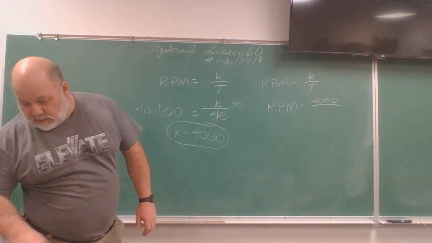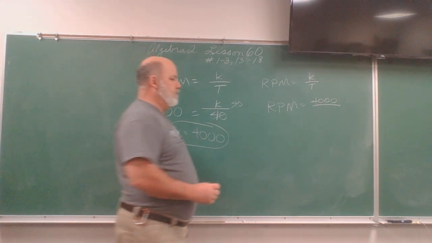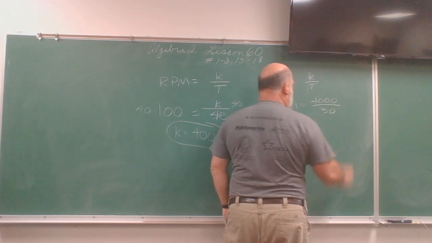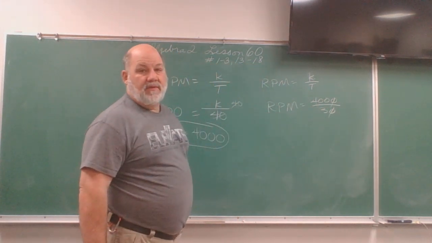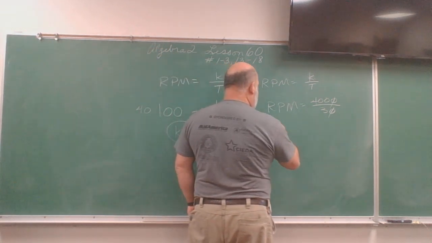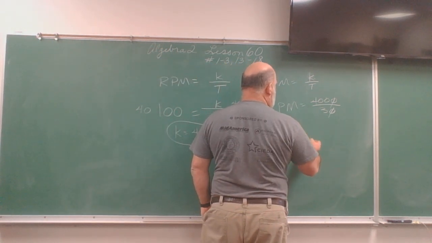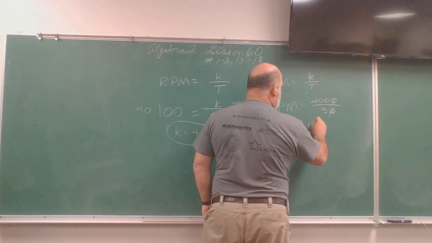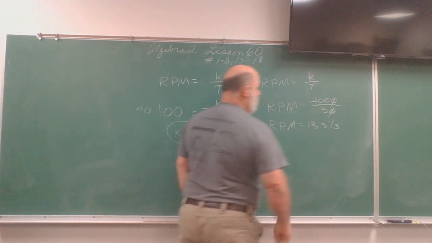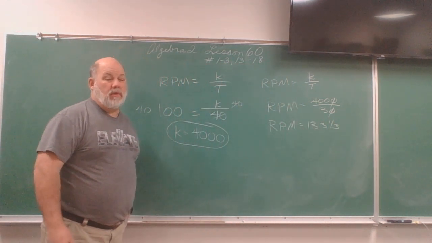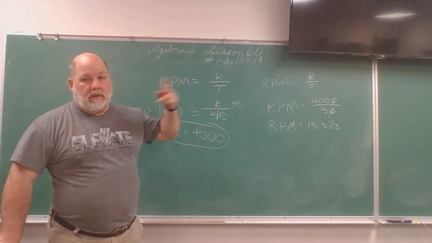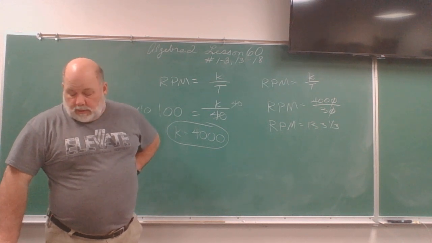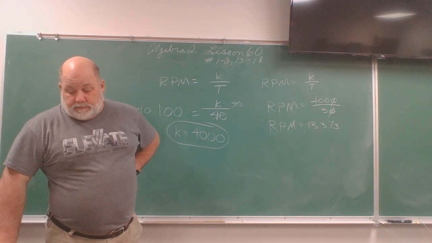What did they say it was? 30. That goes in for where the teeth are. Zeros cross out. 400 divided by 3. Your RPM is 133 and a third, or 133.3 repeating. That's how fast your gear is turning. 133 per minute. One more.